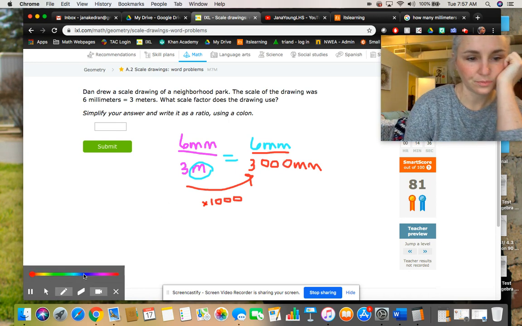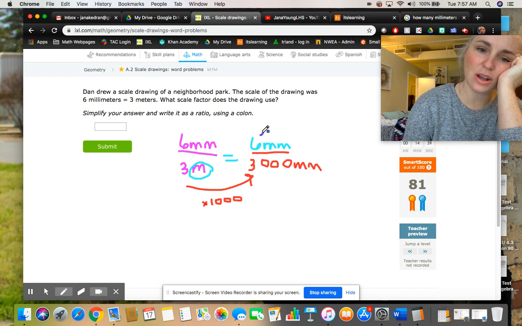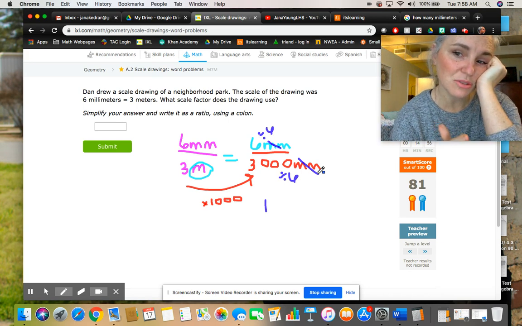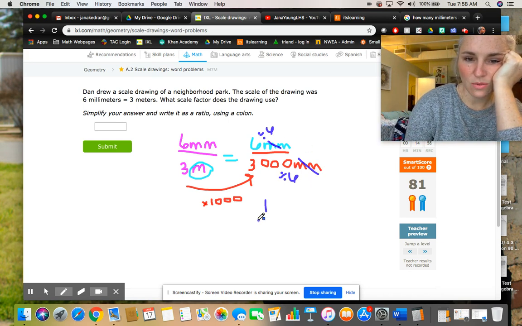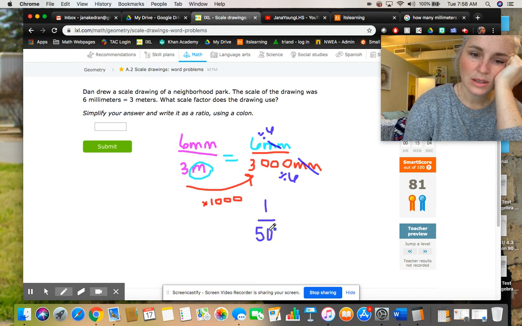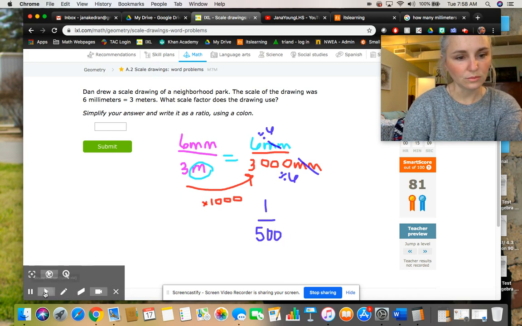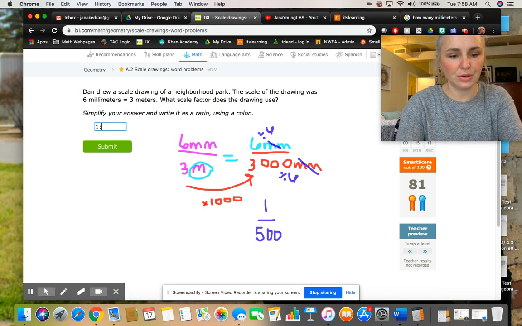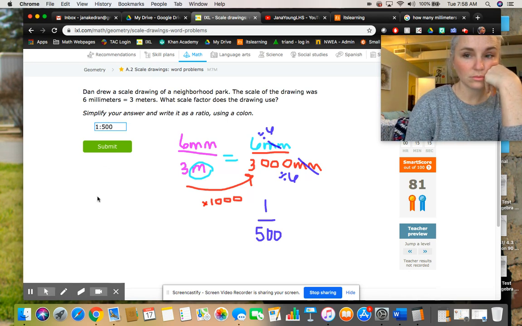So I can divide the top and the bottom of this fraction by 6. 6 divided by 6 is 1. The millimeters go, because we're talking about a factor now, not a measurement. 3,000 divided by 6 is 500. So the scale factor for this problem is 1 to 500.